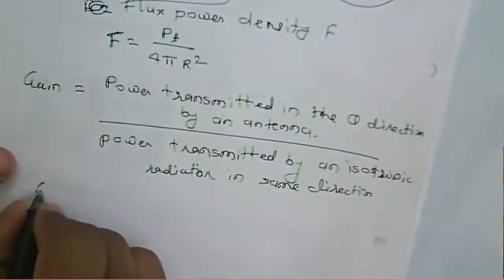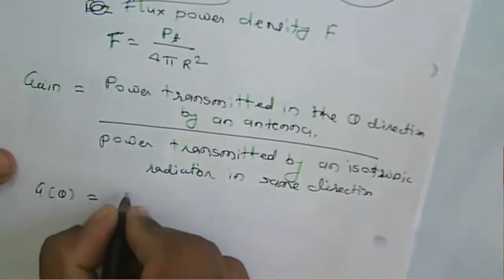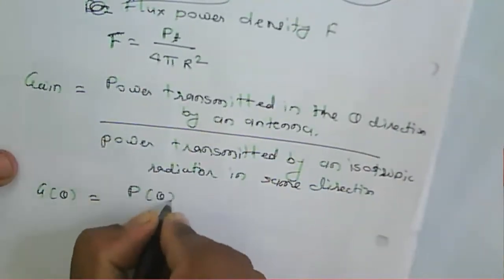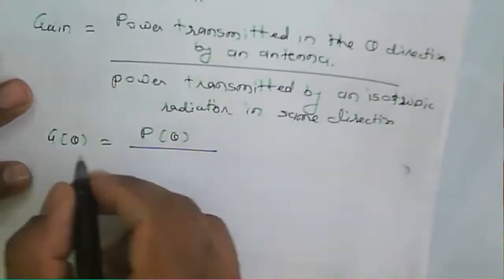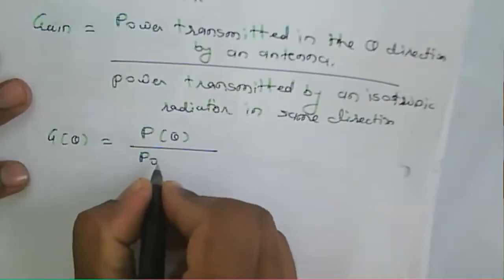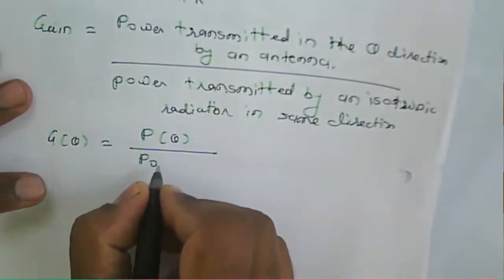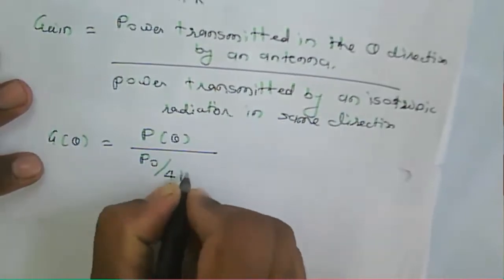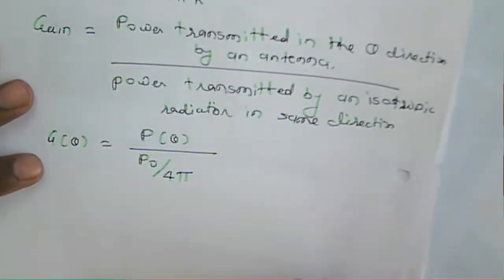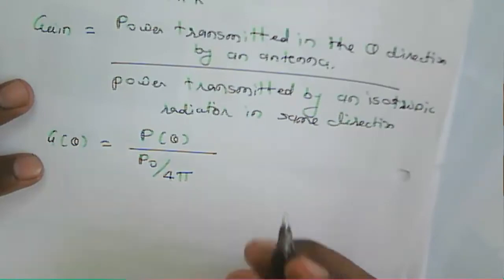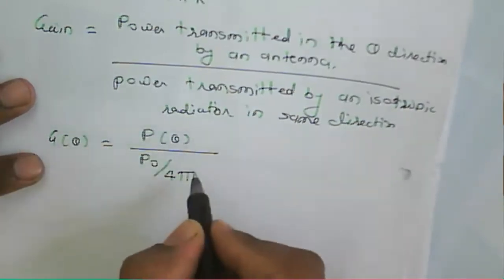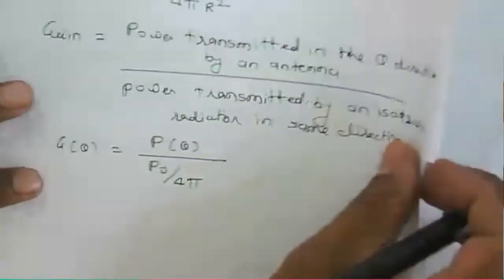So that's why the gain of that antenna, G of theta, is equal to the power radiated in the theta direction with respect to the power from the isotropic radiator, which is over 4 pi radians there. So the gain of that antenna is nothing but what?